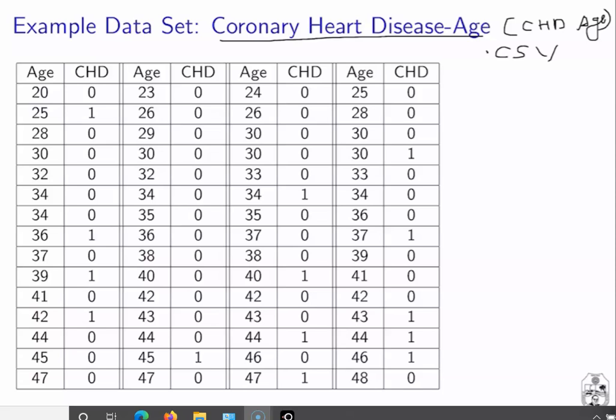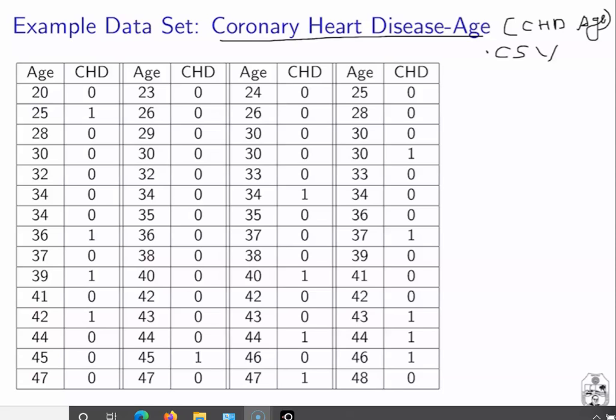Coronary heart disease is a type of heart disease in which the blood flow to the heart gets reduced. It has been observed that there is a strong correlation between coronary heart disease and age, and we are trying to classify whether a person suffers from coronary heart disease or not, based upon his or her age.